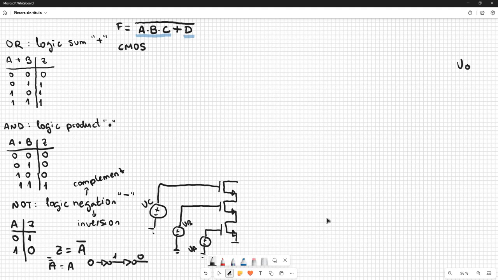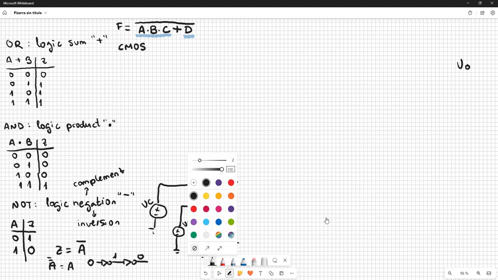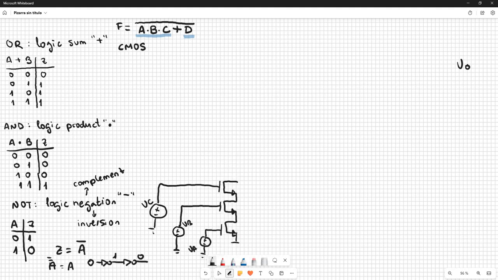I'm going to make the pencil a little thinner. So we have these 3 transistors in series, so we have the multiplication. And these 3 inputs are summed with a D input. Since they are summed, the D input has to be in parallel with them. We can connect this to the ground, it's easier to see this way.